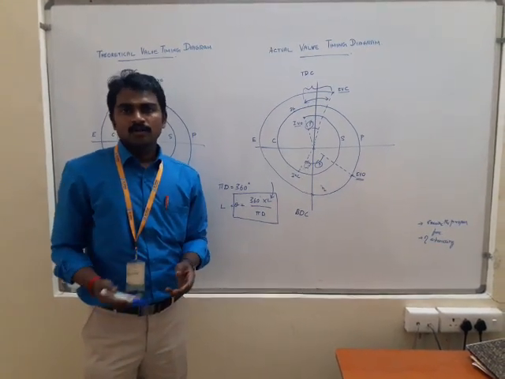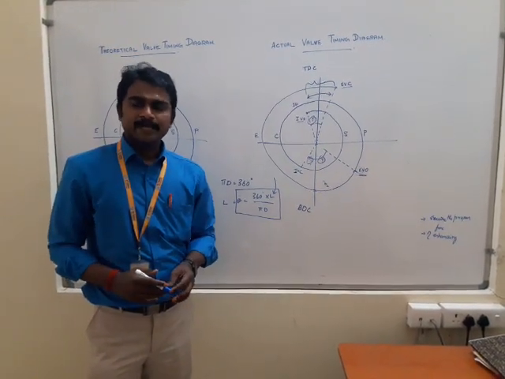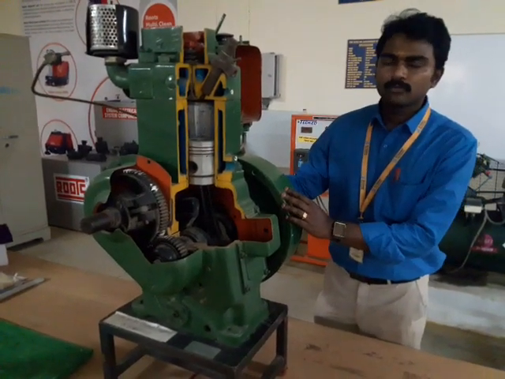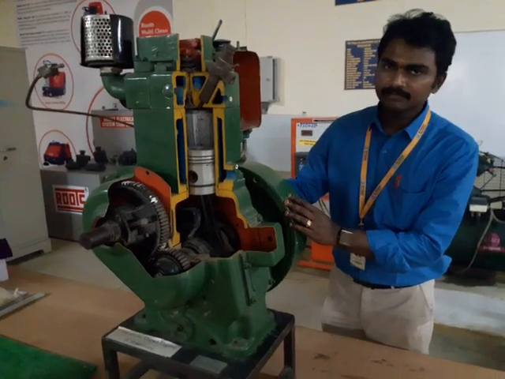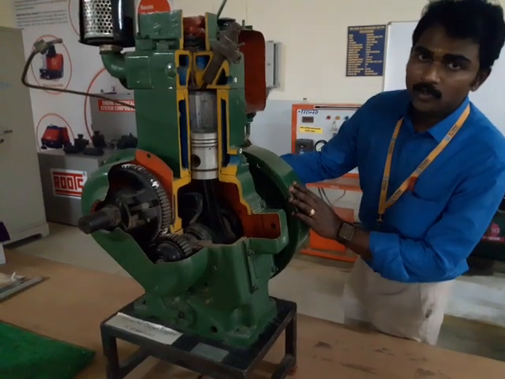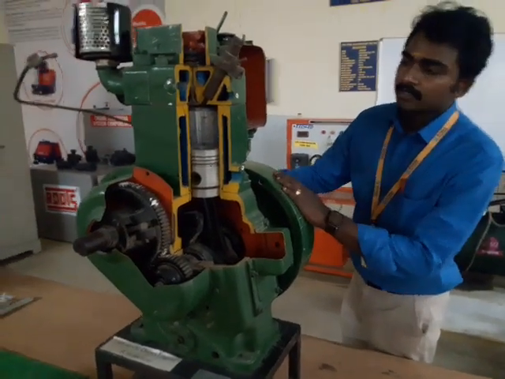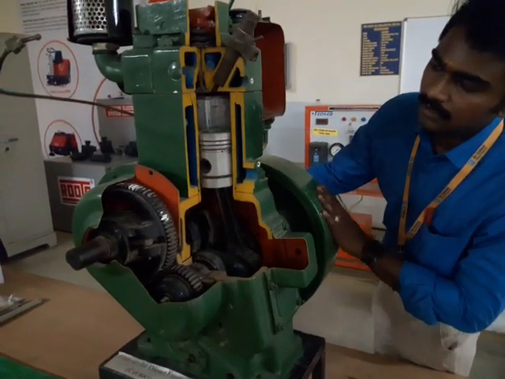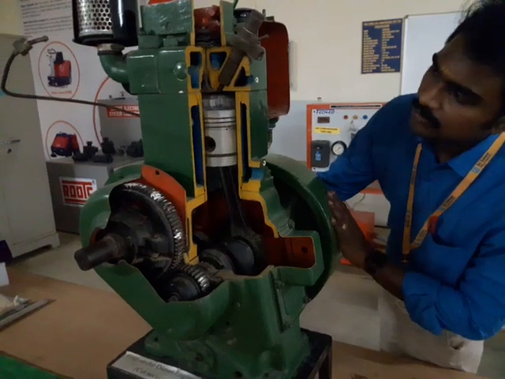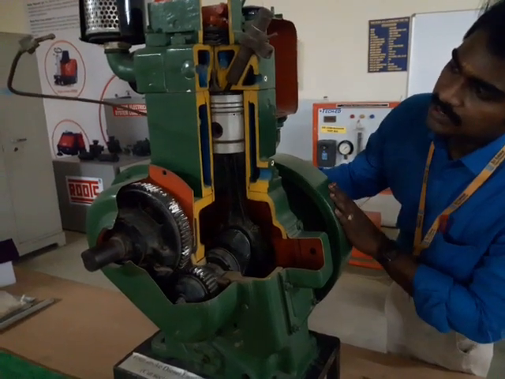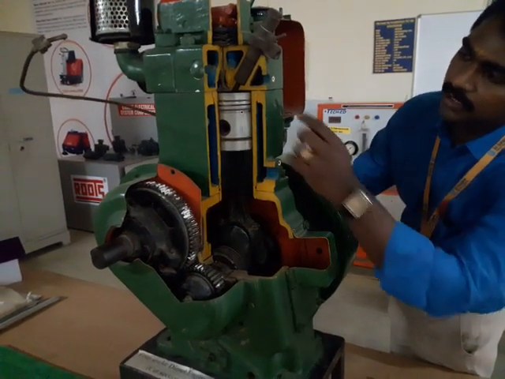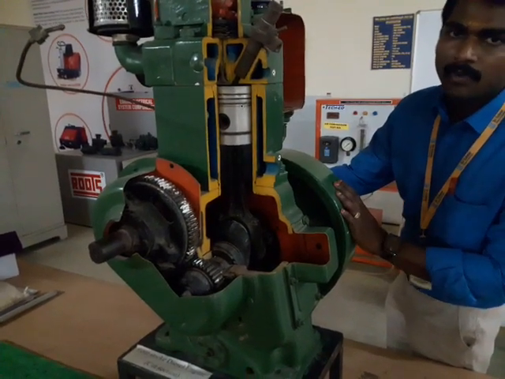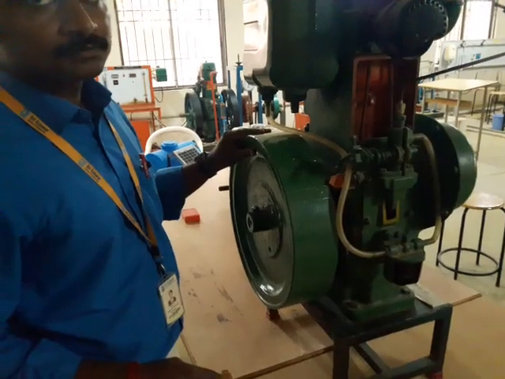Come, let's see how to conduct the experiment. This is the cut section view of the 4-stroke CI engine. Now I am going to rotate the flywheel so that the piston will move upwards. See, my piston is moving upward. The point where the piston reaches the topmost position is called TDC, which you have to mark on the flywheel.